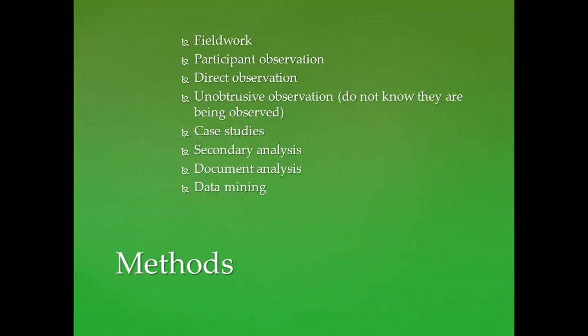We also do what we call secondary analysis. So secondary analysis simply means that somebody else has already collected the data, and we use that collected data and we do an analysis of it. So you see this often with a lot of large scale quantitative research projects. And the most common bank of data that sociologists use a lot of times is the census.